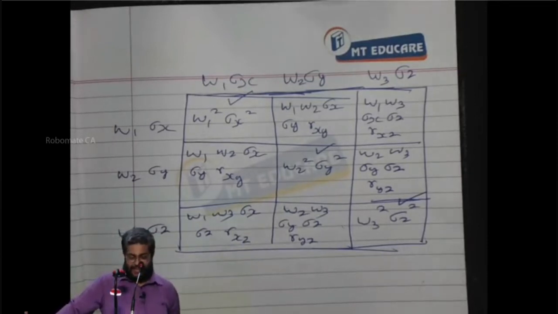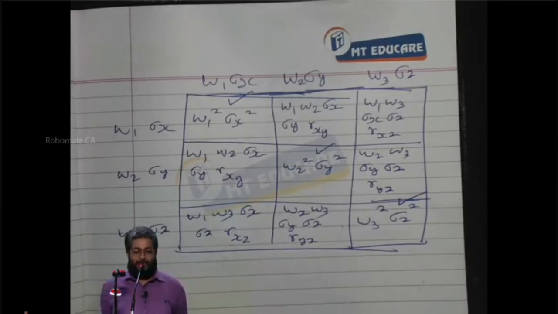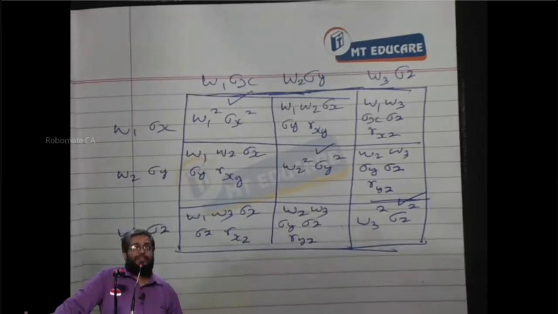The diagonal three are very simple: W1 square sigma x square, W2 square sigma y square, W3 square sigma z square. If you copy, it will take a lot of time. If you write on your own, you would have completed quickly. Finish copying, write down.